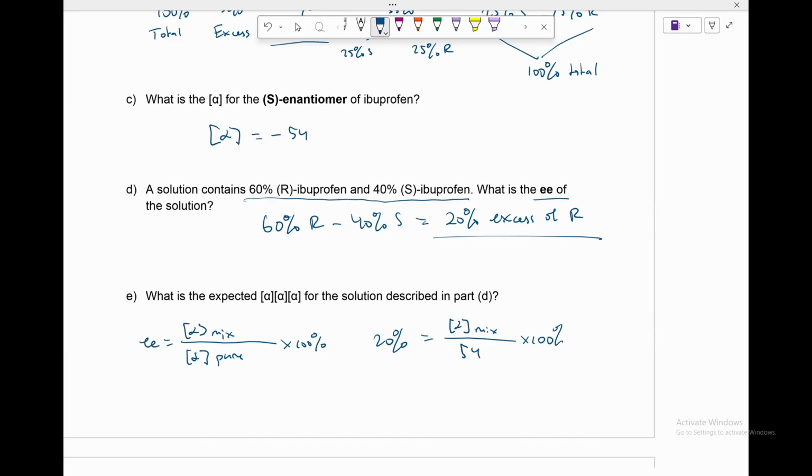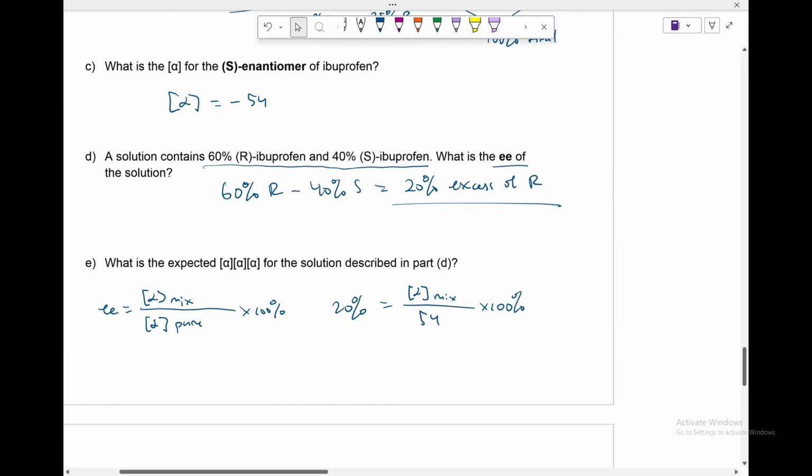I can do a little bit of math, okay? I can rearrange this so that alpha mix is equal to 54 times 20 over 100. And so this should equal maybe 10.8 or something.